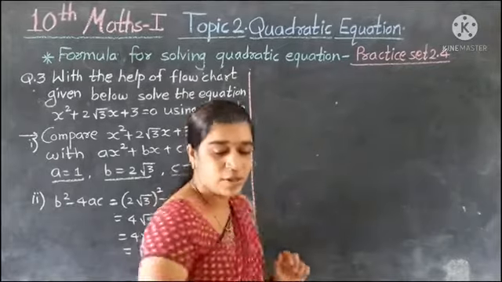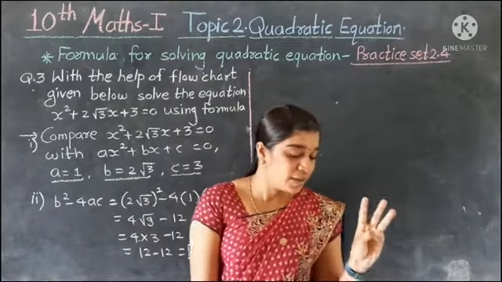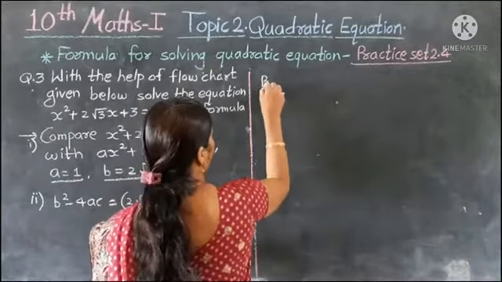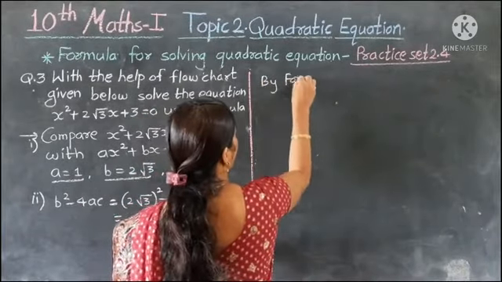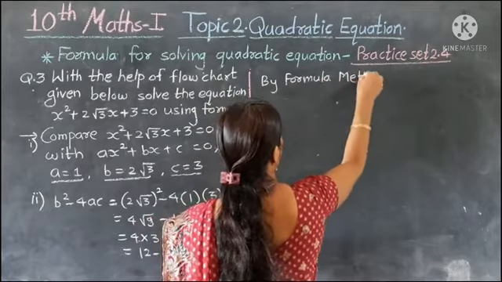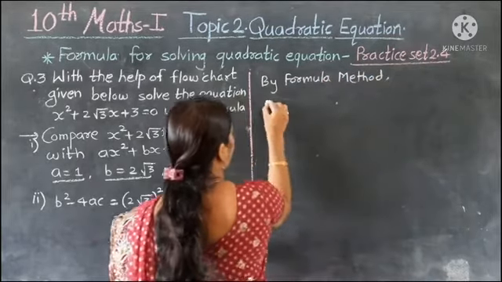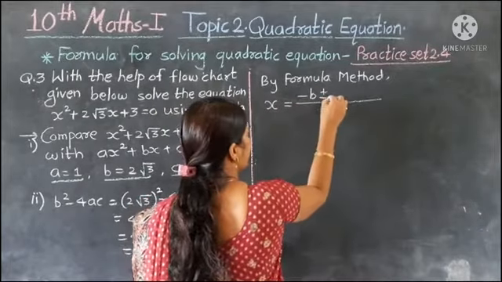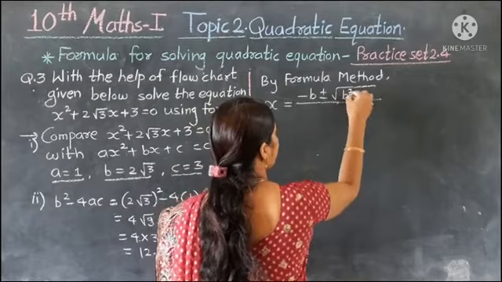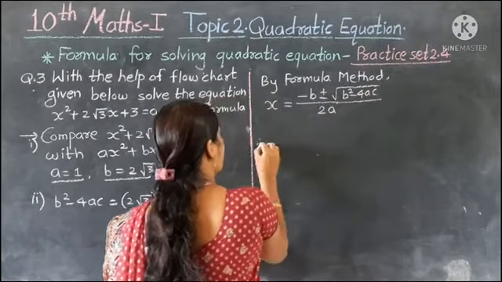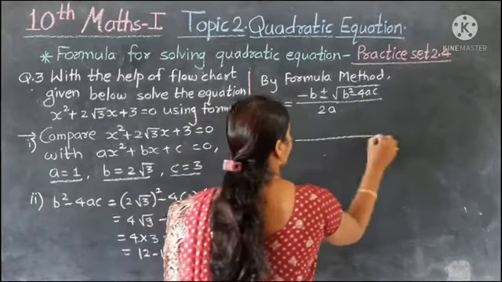Now, what is the third step given? Write the formula to solve the quadratic equation. Therefore, by the formula method, x is equal to minus b plus or minus root b square minus 4ac upon 2a. So put the values correctly.